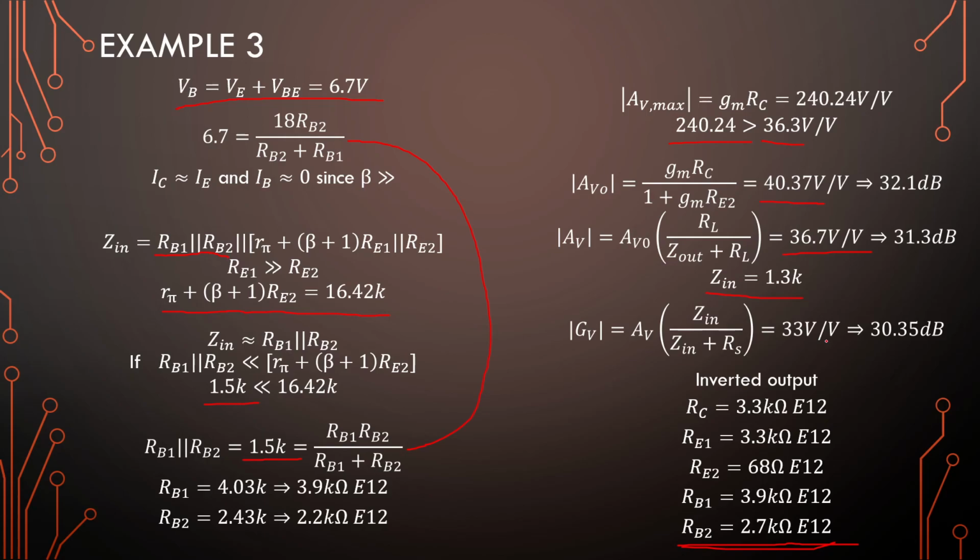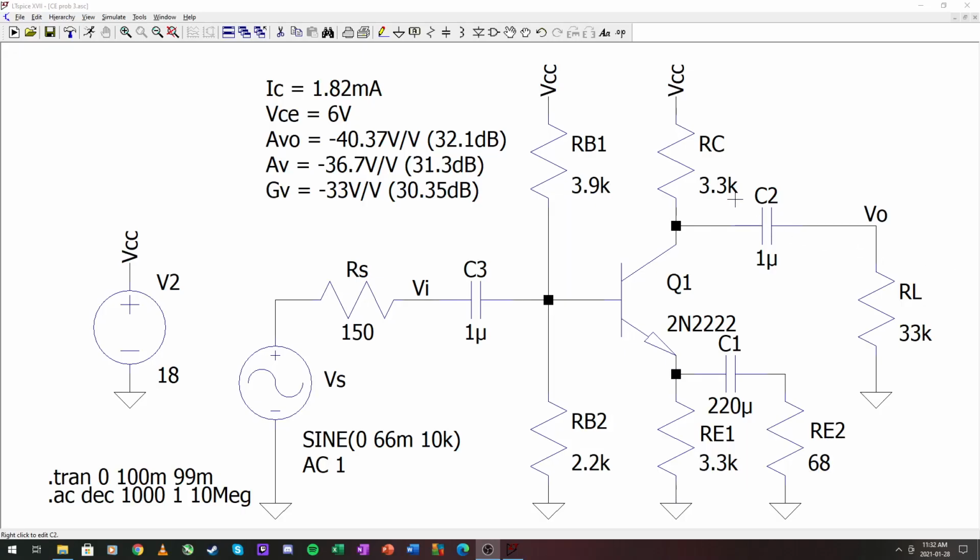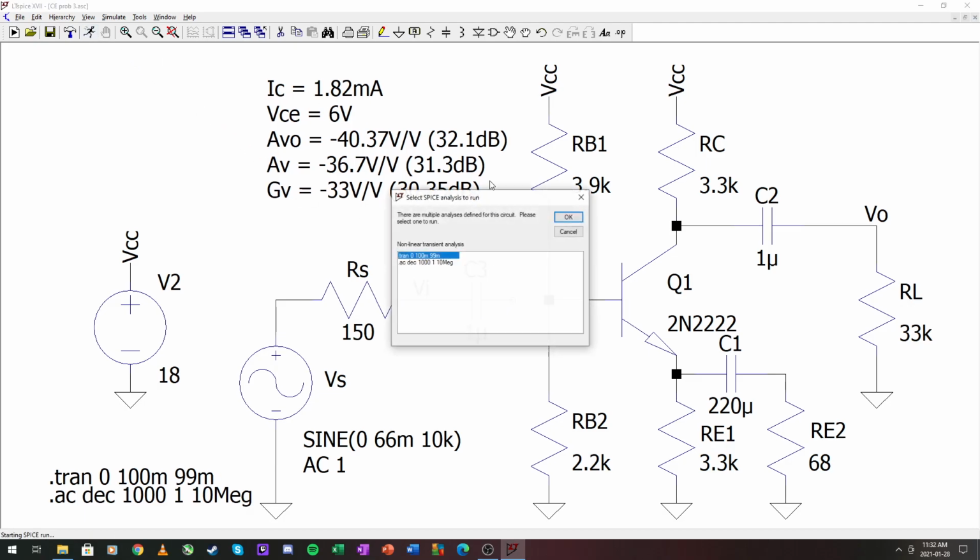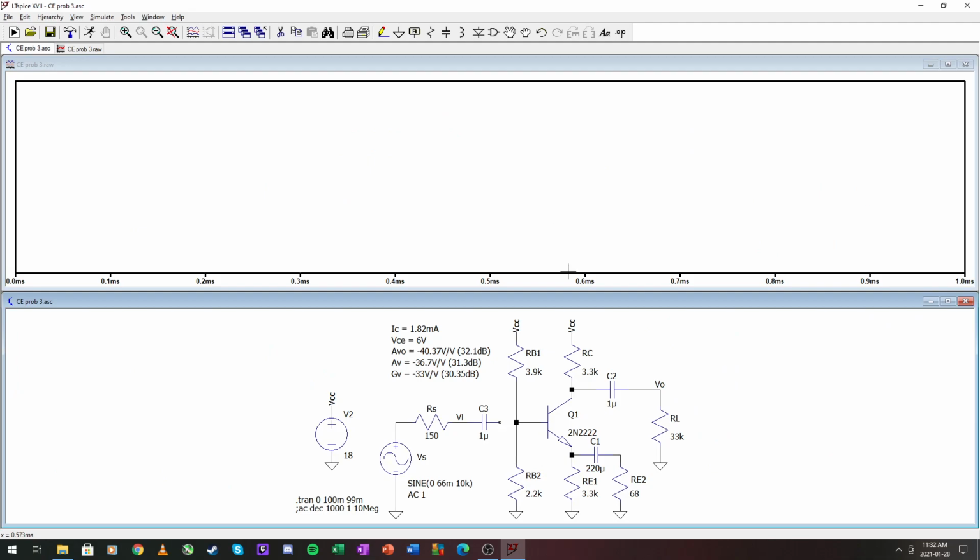So let's jump over to the simulator and check our results. Right, so here is our simulation. Let's first do DC. Let's run it.